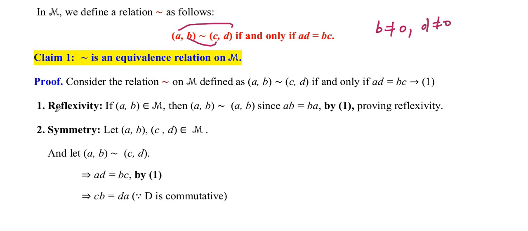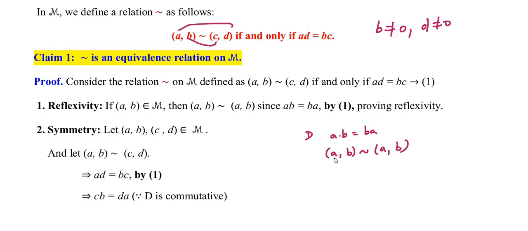First we'll see reflexivity. You consider an element, ordered pair (a, b), in script M. Now because ab is equal to ba, this is because whenever D is an integral domain, it is a commutative ring without zero divisors. So whenever you are given a and b, the product ab, you can always write it as ba. This is how I can interpret (a, b) is related to (a, b).